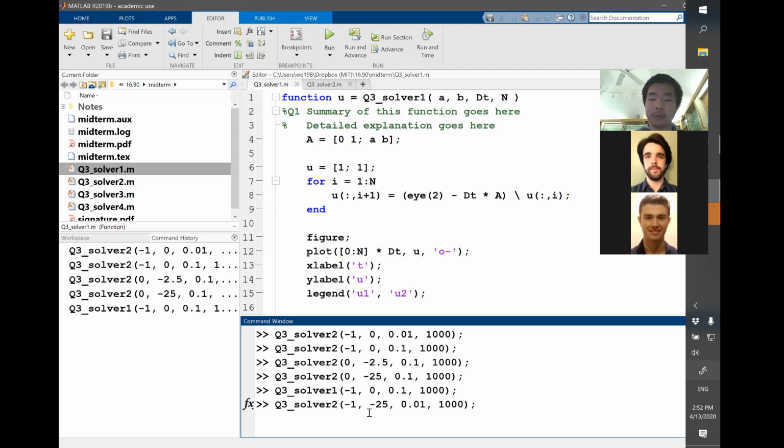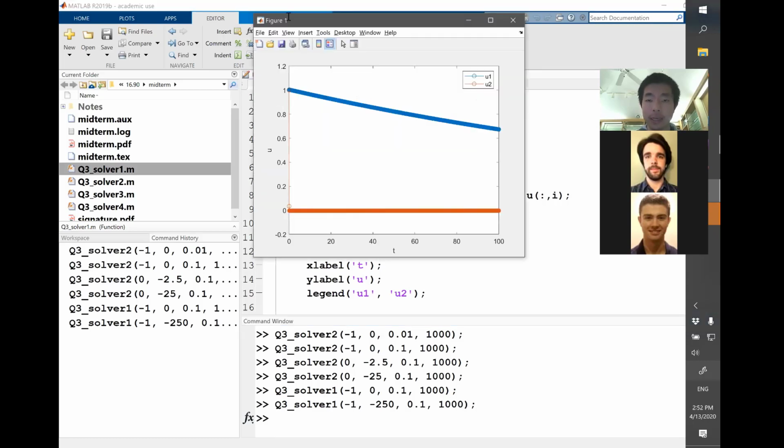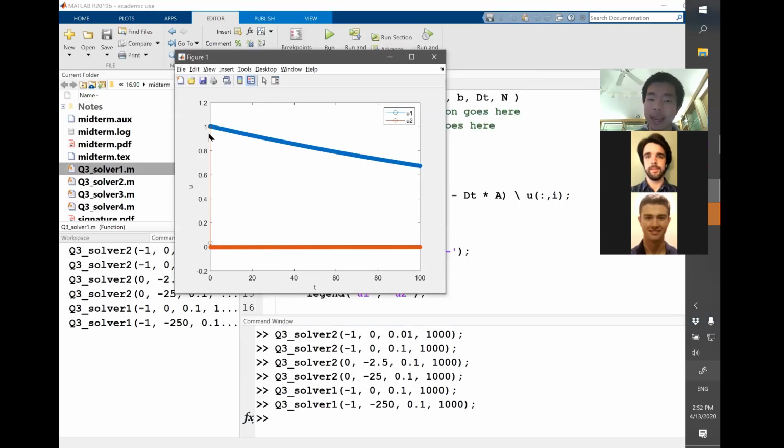If I choose this to be minus 250, then the time step has to be 0.001 for forward Euler to be stable. But if I use backward Euler, I can go back to 0.01, and you're going to see the solution is stable, right? And here it is a case where you can see the two different timescales easily.